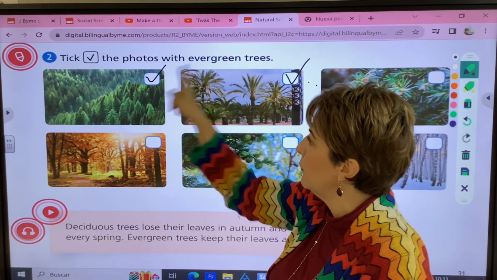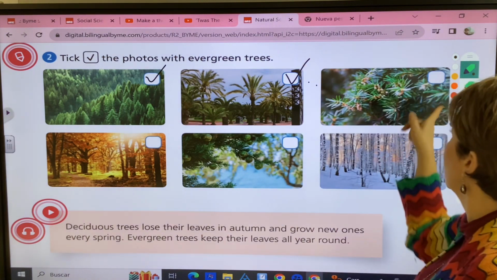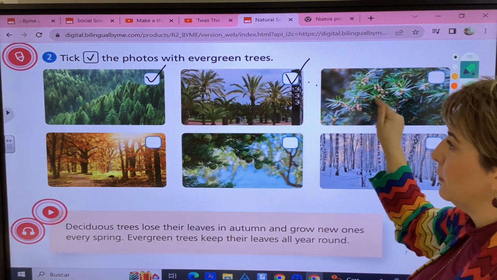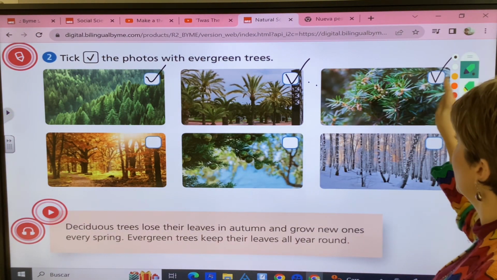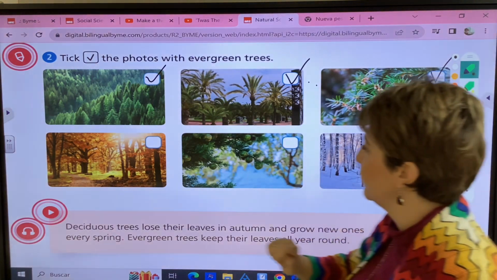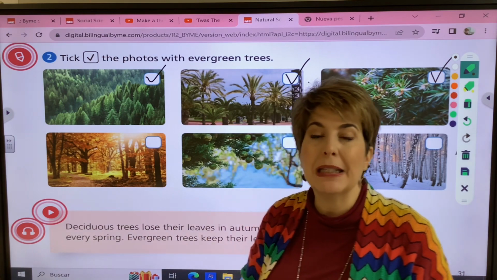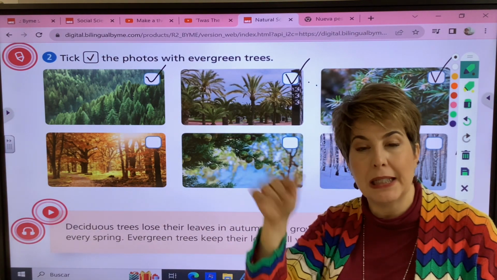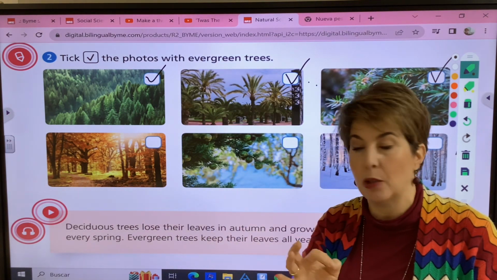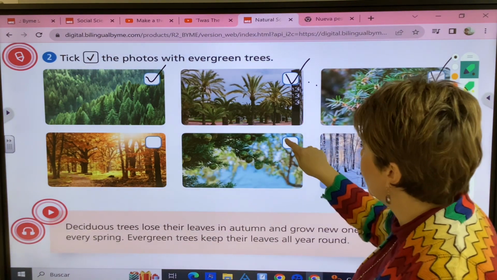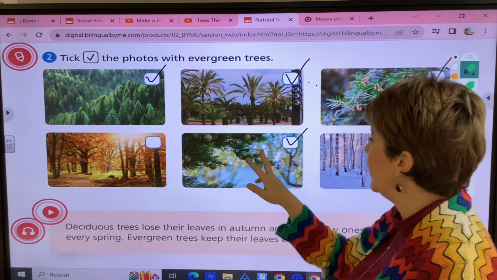So take the photos with evergreen. What about this type of pine? It's also evergreen. And here, it's orange, so that means that is deciduous. Do we take it? No, because it's deciduous. This is evergreen, it's another winter tree.